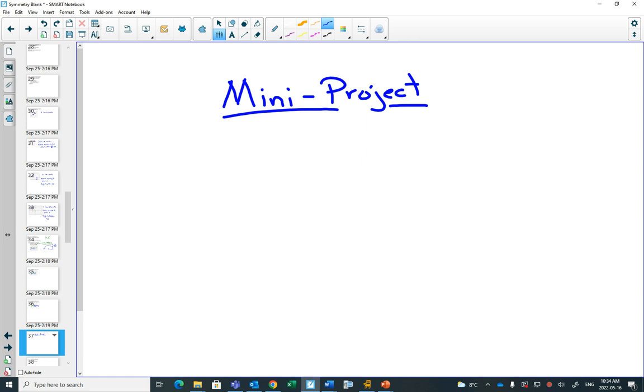Here are examples of what you will be doing in your mini project. You have to draw. You can make your own logo.